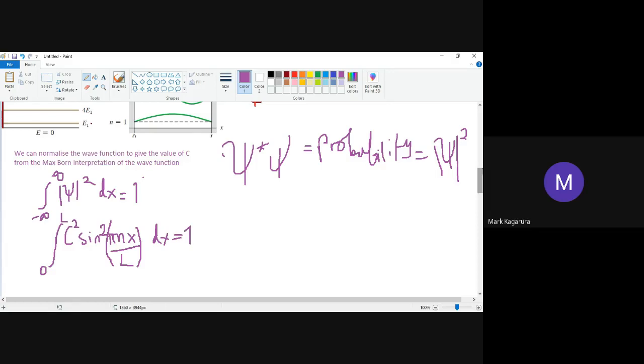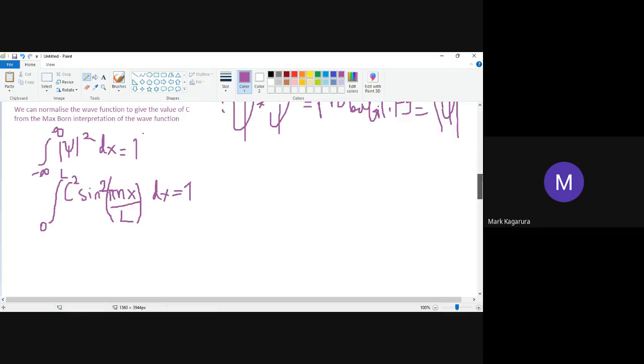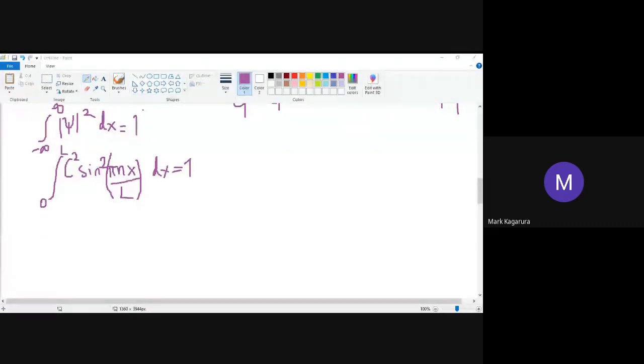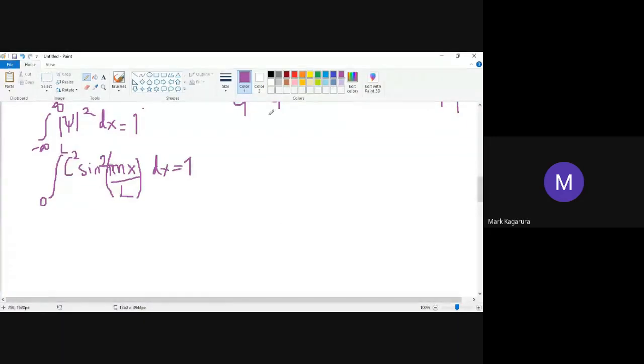To integrate sine squared, use the double angle. You can go ahead and do that. Cos 2x is equal to cos squared x minus sine squared x.